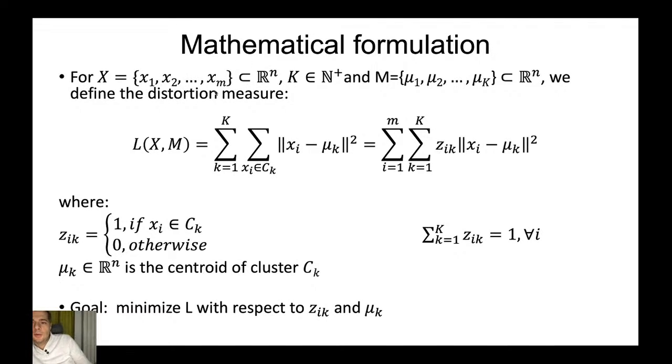So we have here the notations, the data set X. So these are the data points that we want to cluster. We have K, the number of clusters. So since we have K clusters, we will have K centroids here in the set M. So these are also vectors from R^n.